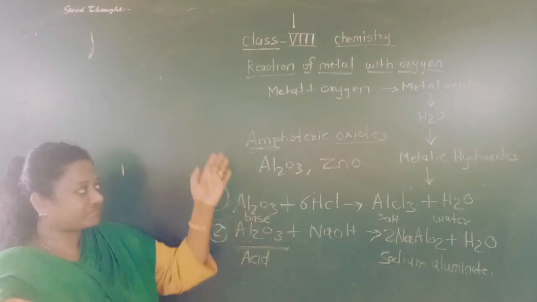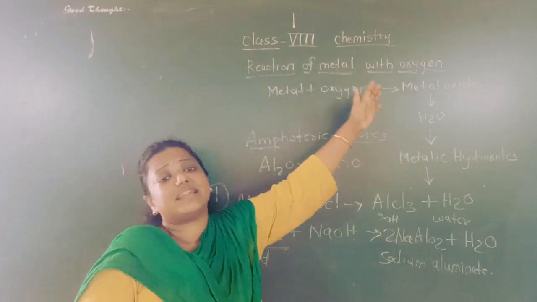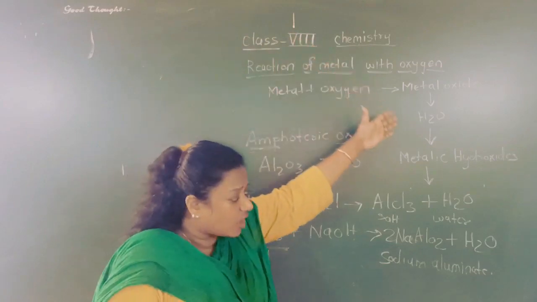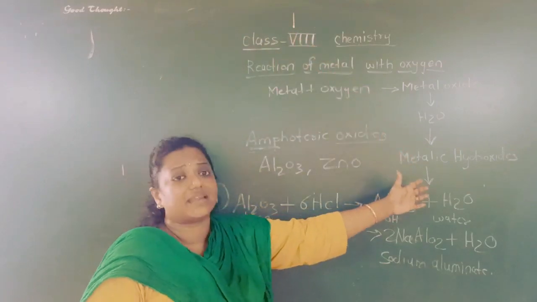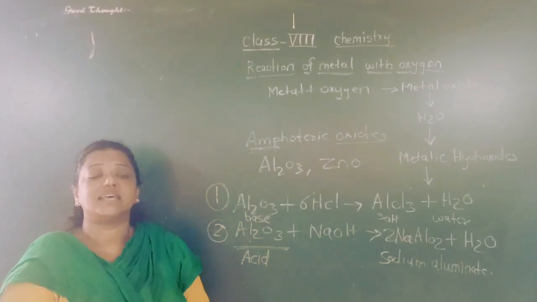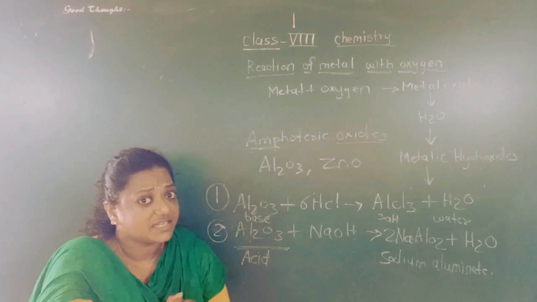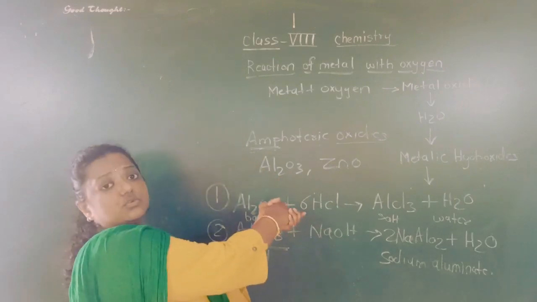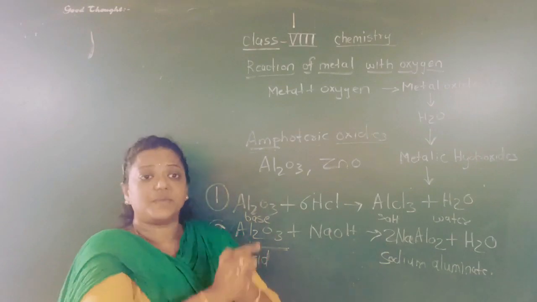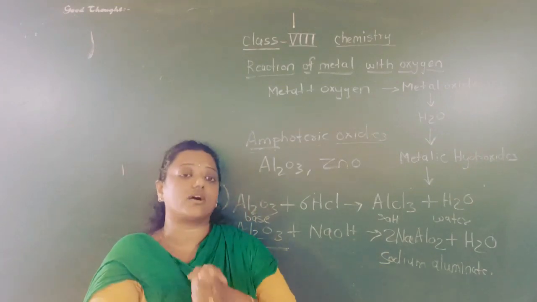And I said, whenever a metal reacts with oxygen, it forms a metallic oxide. When these metallic oxides are dissolved in water, they form metallic hydroxides. Most of the metallic hydroxides are basic in nature, except these two oxides, aluminium oxide and zinc oxide, because they are amphoteric oxides.